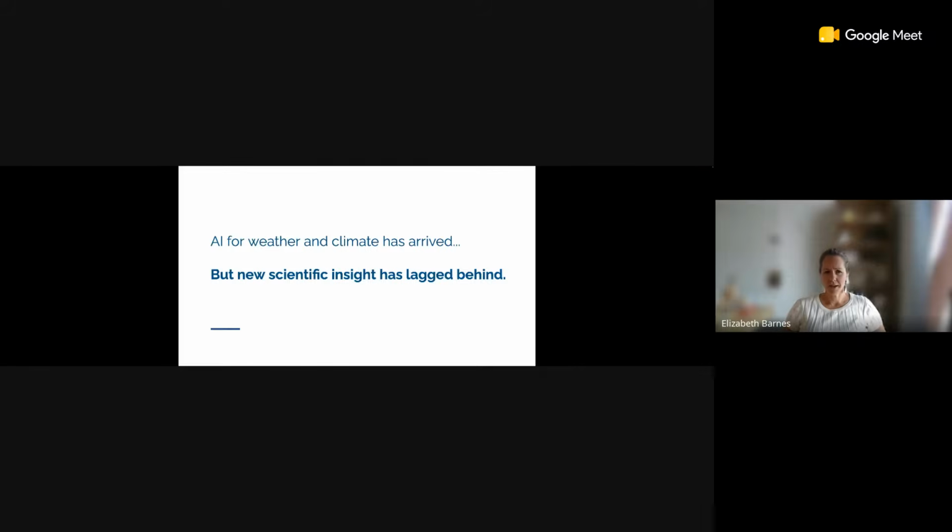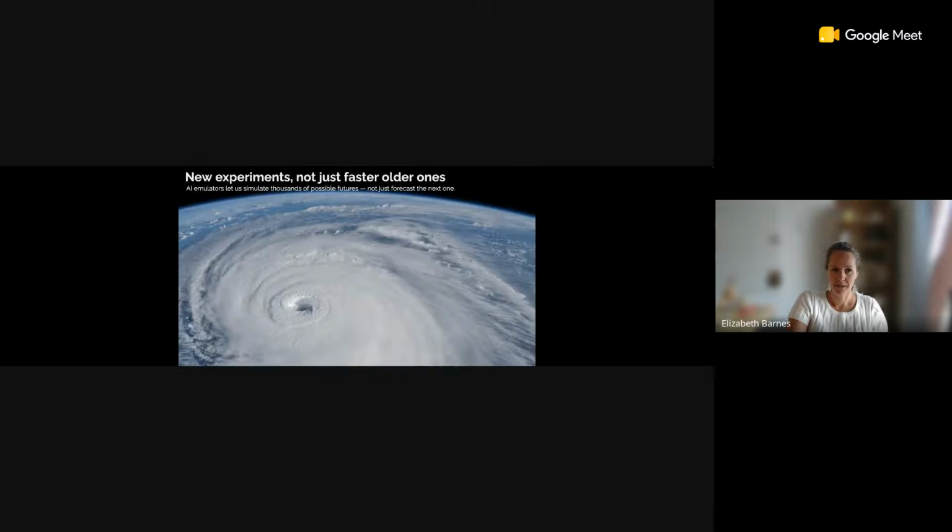So AI for weather and climate has arrived, but something I get a lot of pushback on when I talk to my scientific community about this is that the new insights are lagging behind the new models. I'm going to suggest a few ways we're trying to make this change.